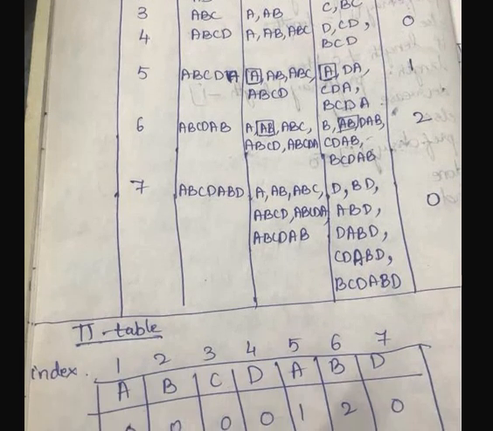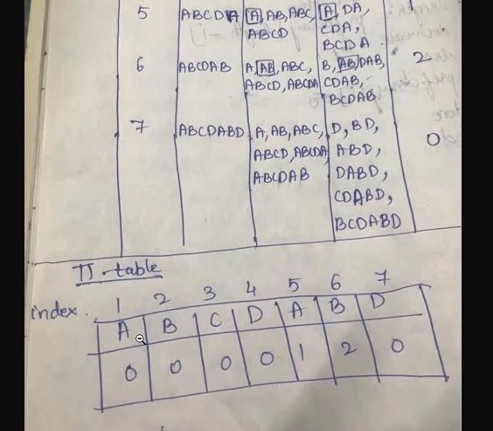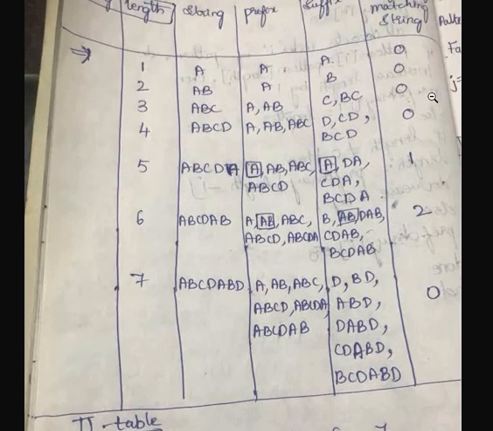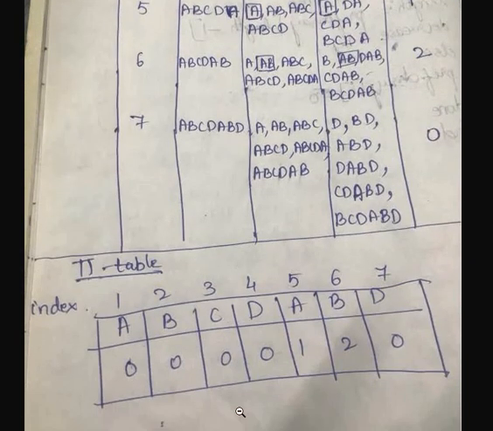The pi table will be like this: whatever string they have given, A, B, C, D, A, B, D, that we have taken. Index you have to number it as 1, 2, 3, 4, 5, 6, 7, and whatever result you have got here, 0, 0, 0, 0, 1, 2, 0, that we have to mention here.